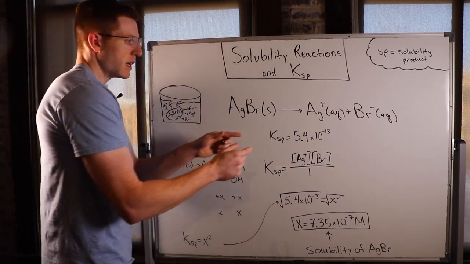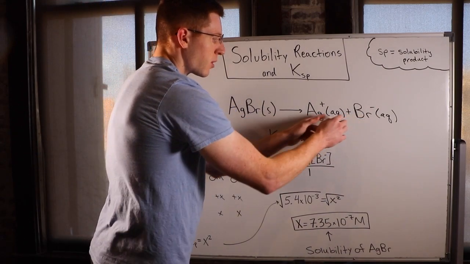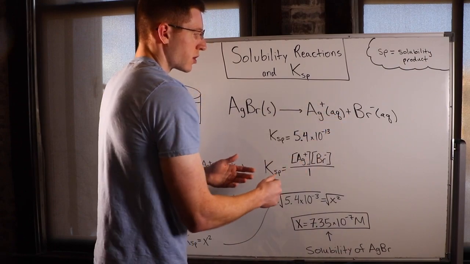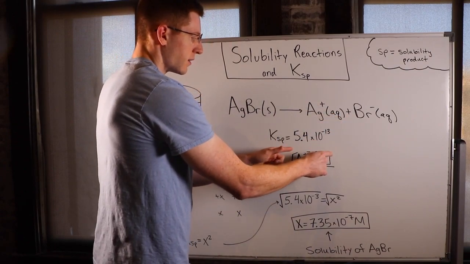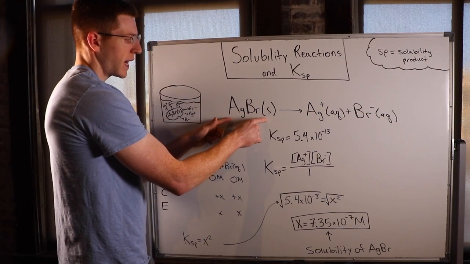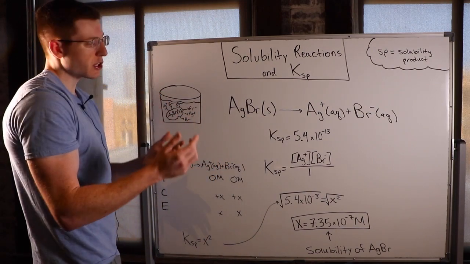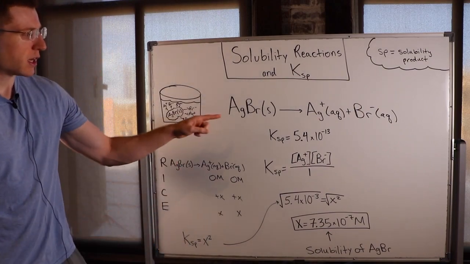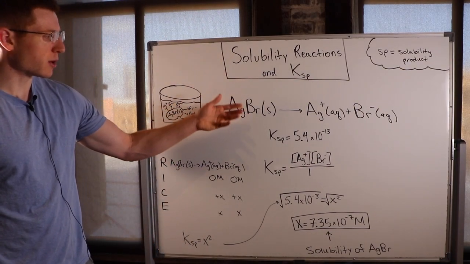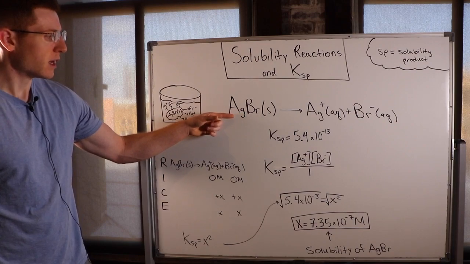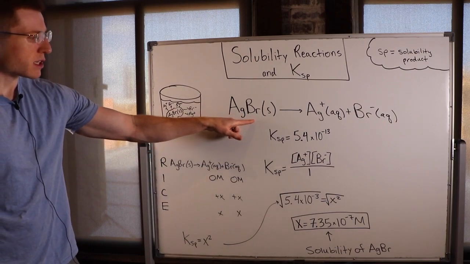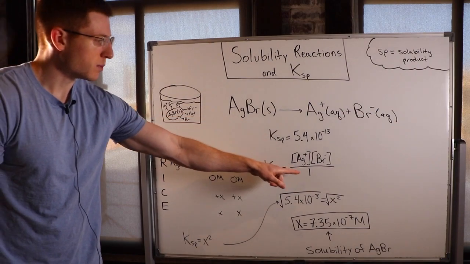All it means is the concentration of the products, each to the power of its stoichiometric coefficient, multiplied together, over the concentration of the reactants. But remember, for pure solids and pure liquids, we do not include them in the equilibrium expression. So in a solubility reaction, a solid piece of matter in a solution, we consider that in our equilibrium expression to be 1.